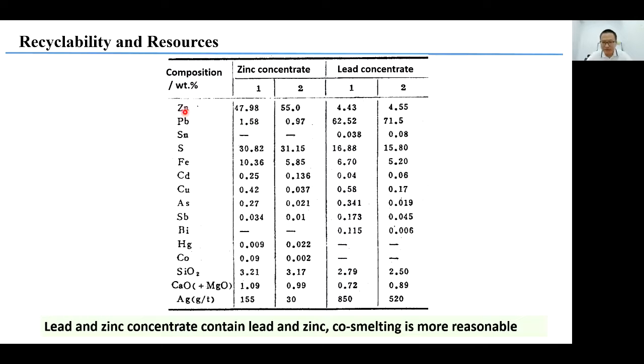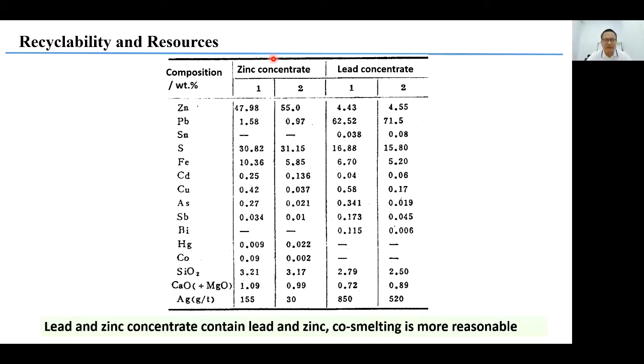Besides zinc and sulfur, we look at some other elements like copper. You still remember that I told you the cutoff grade of copper ore in China is 0.2%. And here we have 0.4% copper in the zinc concentrate.